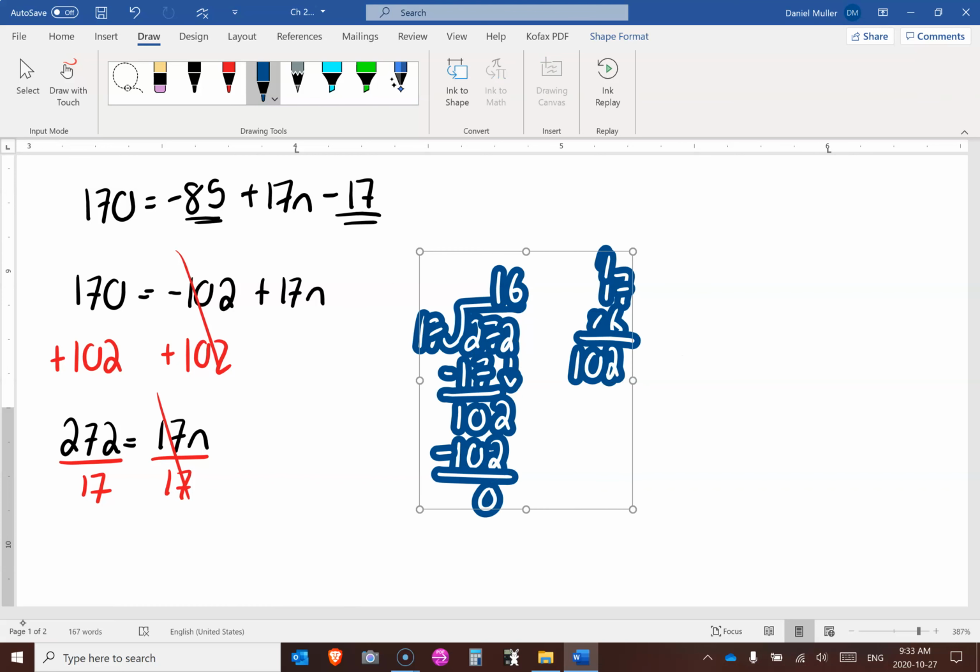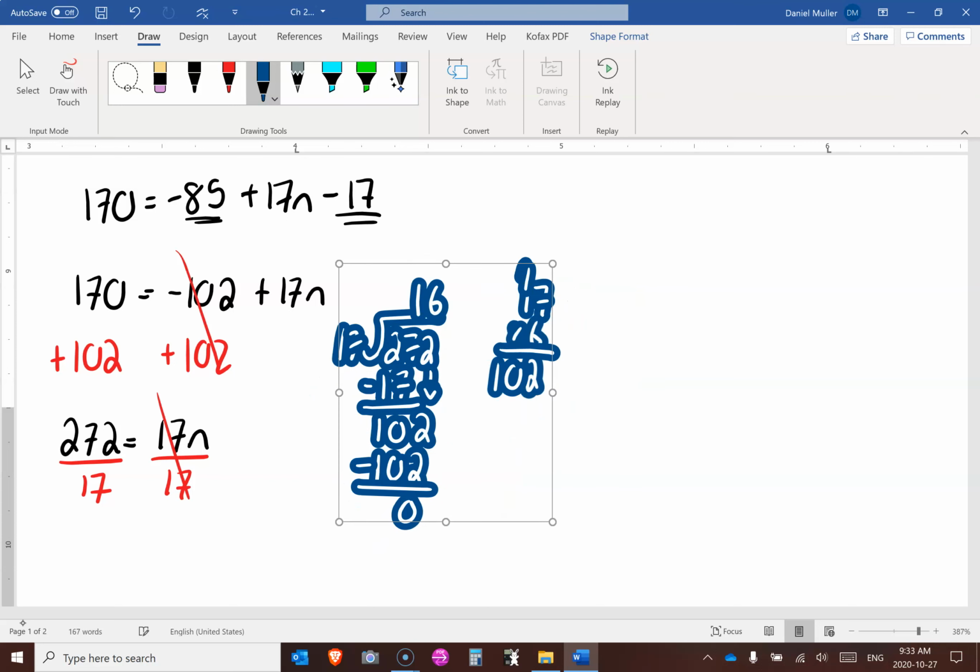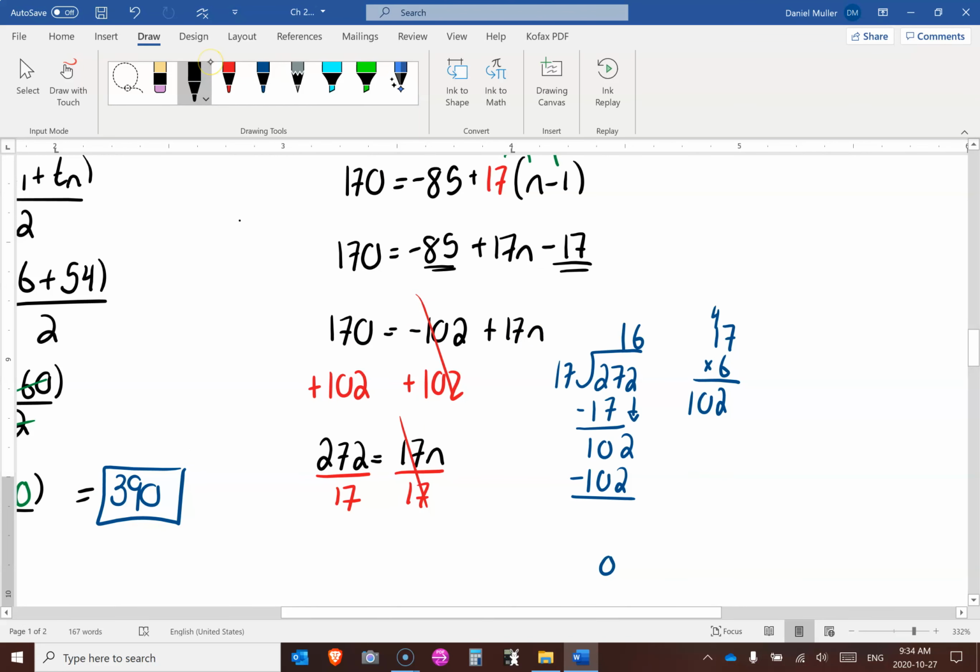Okay. So what is our n here? Our n is equal to 16. So I'll try to write that here. N is equal to 16.